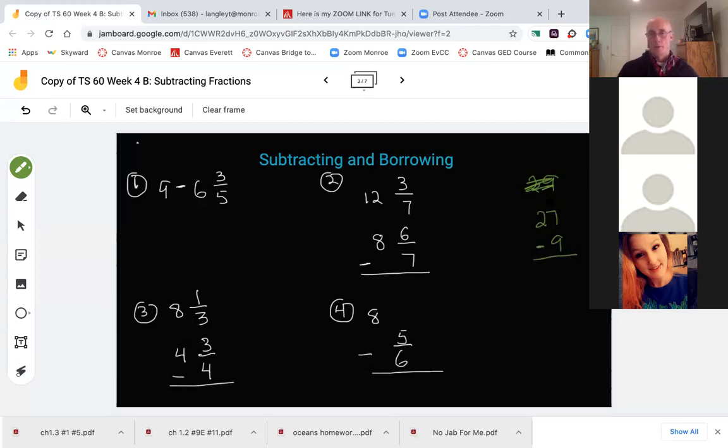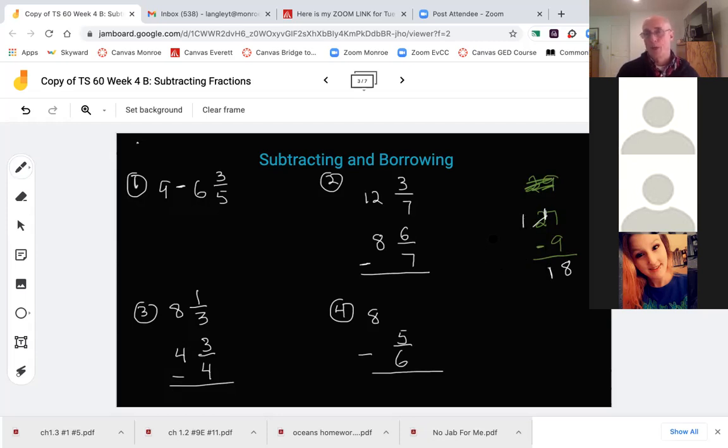You guys probably remember from back when you were doing subtraction that you couldn't do this. You can't subtract a bigger number from a smaller number. And so you would have to borrow. If I illustrate this for you, you would cross out the 2, make it a 1, bring over the 1, and now you've got 17 minus 9, which is 8. And then nothing from 1 is just 1 here.